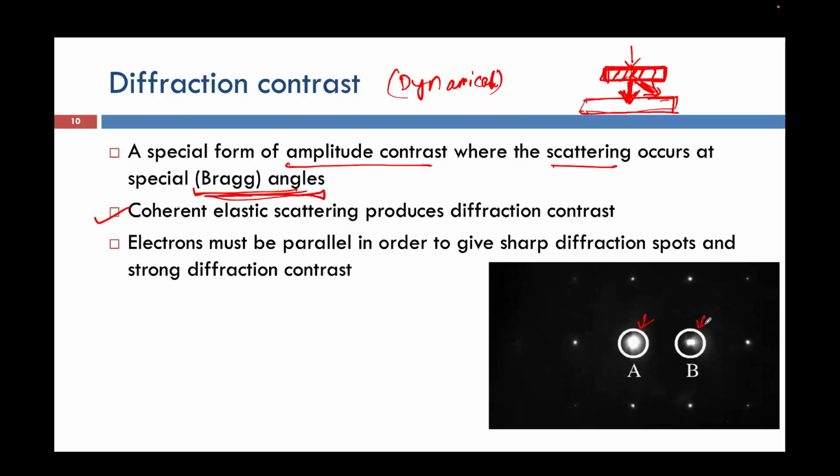If the electron beams are not completely parallel, then I will get some diffuse diffraction spot. In that case I will not be able to completely distinguish between my bright areas and my dark areas. In between there will be some kind of gray area, which I may or may not be able to interpret completely.